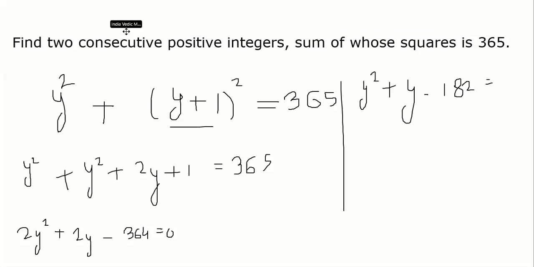This is my quadratic equation: y squared plus y minus 182 equal to 0.